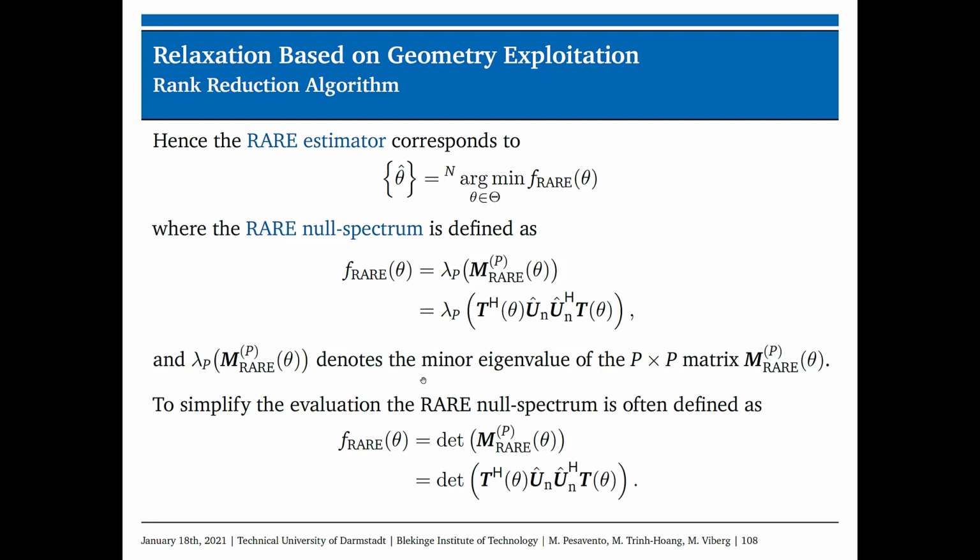Instead of computing the smallest eigenvalues, we often use the determinant of the RARE matrix, which also vanishes at the true source location in the asymptotic case of large signal-to-noise ratio or a large number of snapshots. Often computing the determinant is easier than computing the eigenvalues.